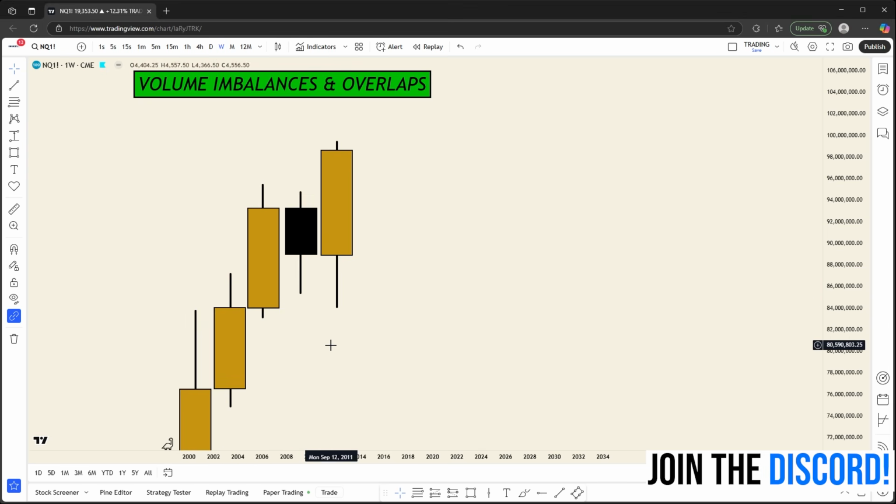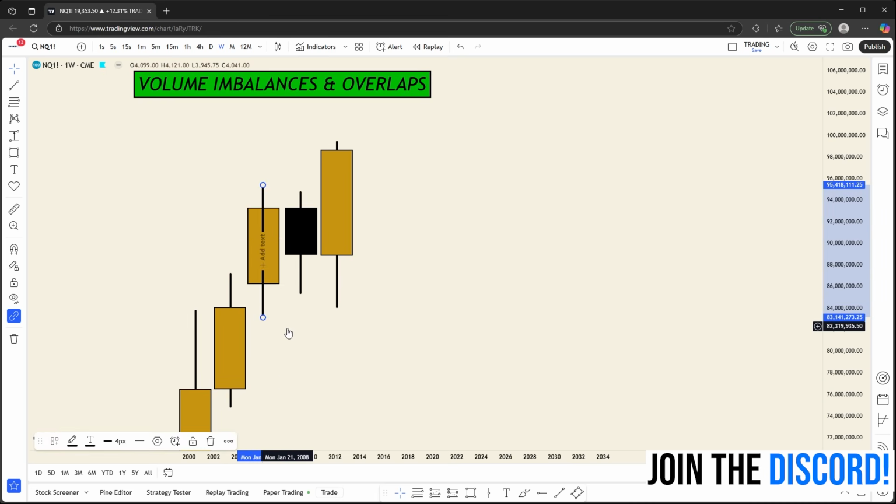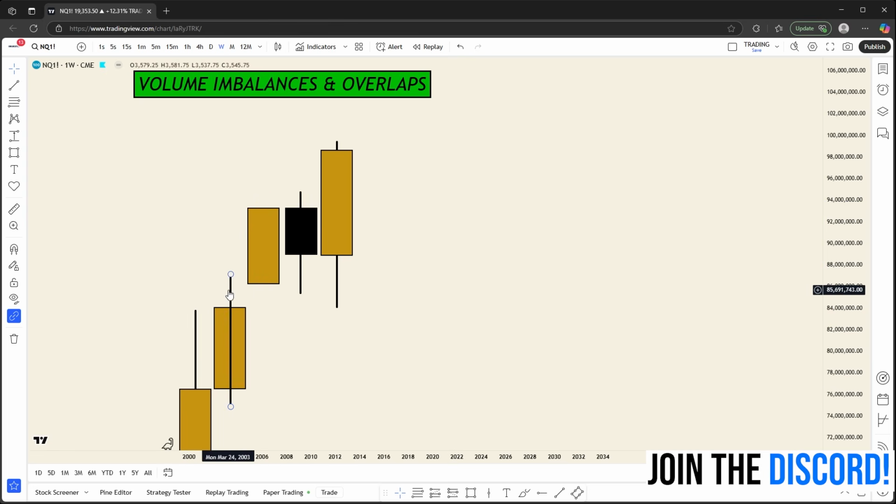Normally, if this was a normal perfect market, it would have just opened like this. There would be no volume imbalance in this case. However, when a candle opens like this, and imagine you didn't have wicks, there would be a clear gap between the bodies. So that's an easy way to spot volume imbalances. Just imagine you didn't have wicks, and the gap between the candle bodies, that's what we call a volume imbalance.